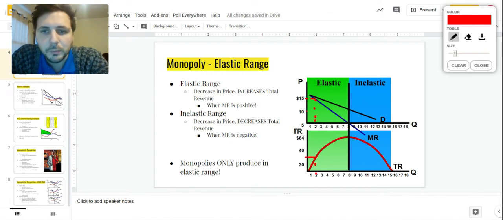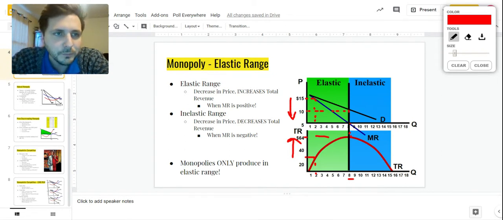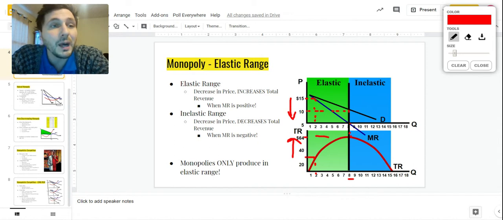If I lowered the price to, let's say, 10, my total revenue is all the way up here at 64. So by decreasing the price here, my total revenue went up significantly. That's elastic, right? How do you find this visually? It's just wherever marginal revenue is positive, on the left. That is our elastic range.